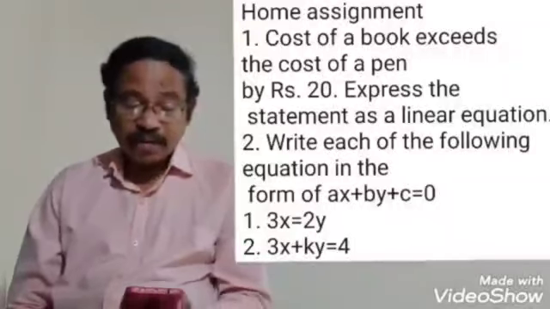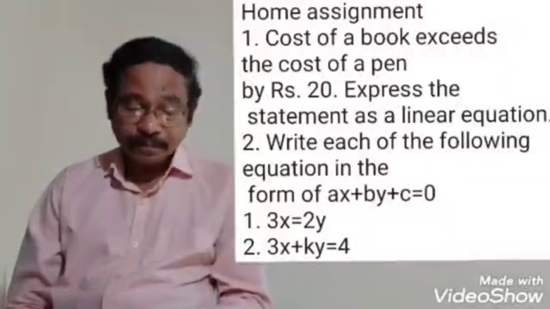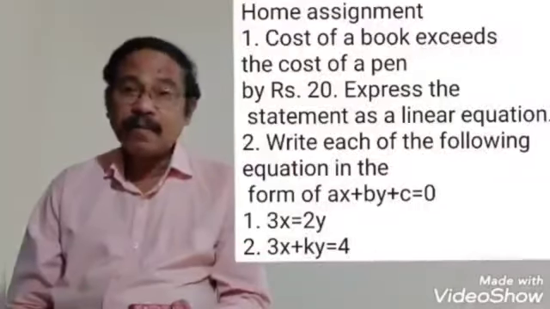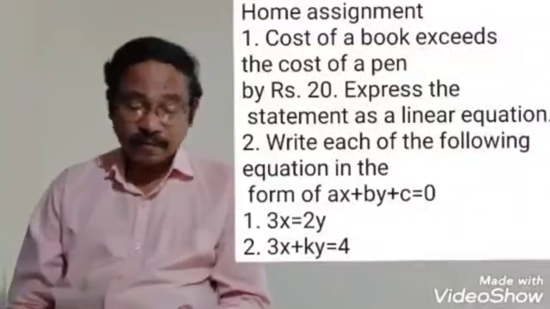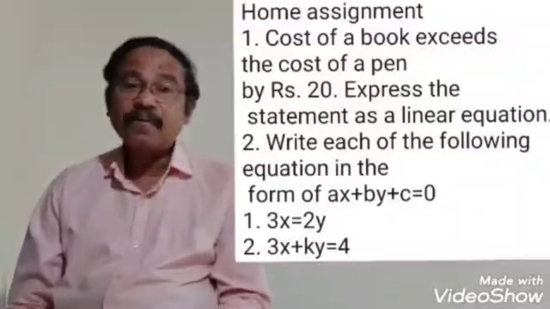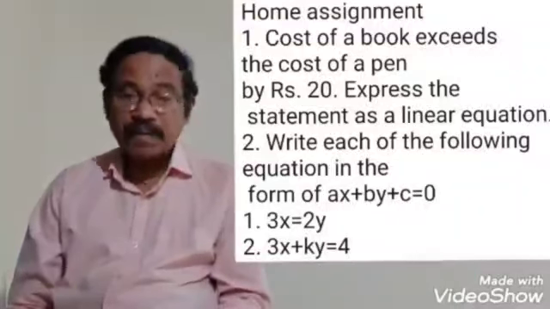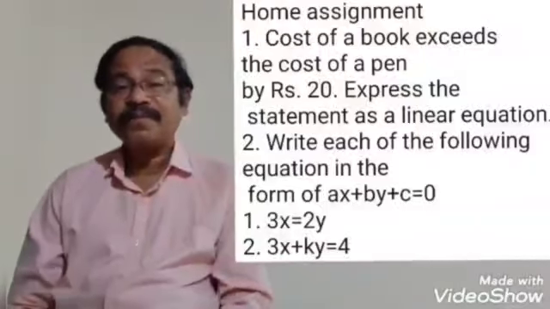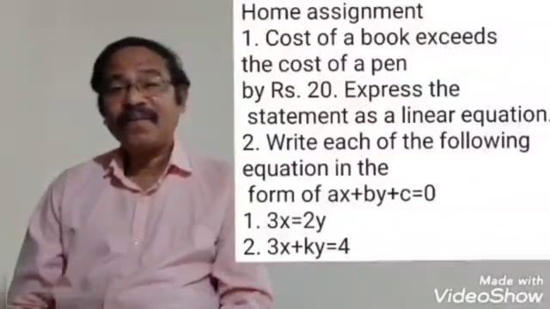Second question, write each of the following equations in the form of ax plus by plus c is equal to 0. First question is 3x is equal to 2y. Second question, 3x plus ky is equal to 4. Okay, have you understood now? Do the homework, submit it.